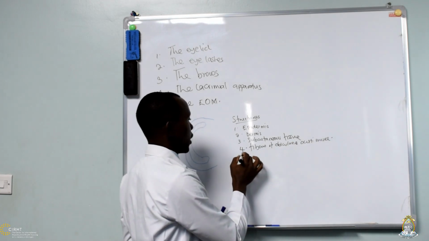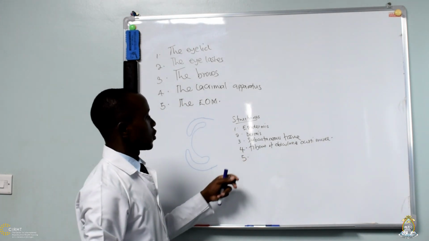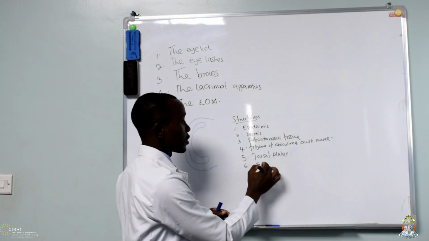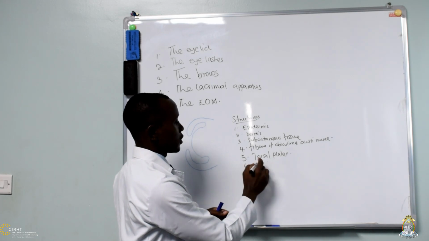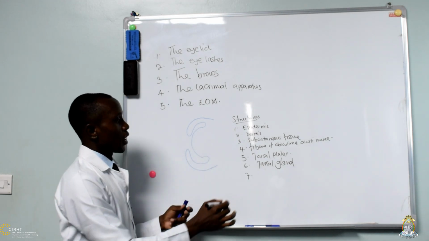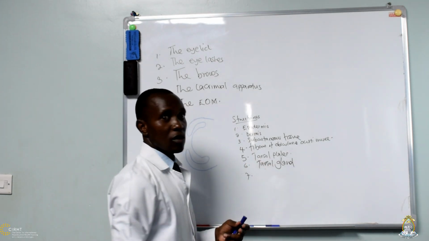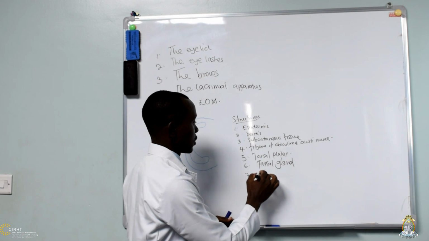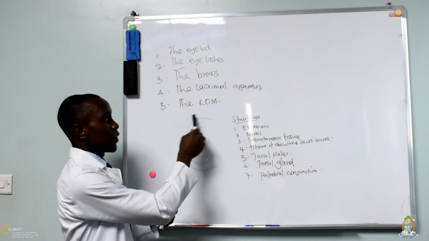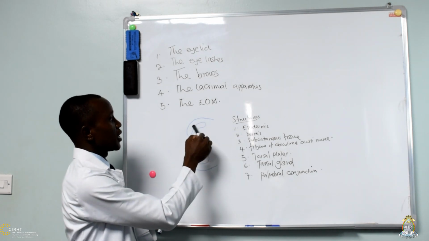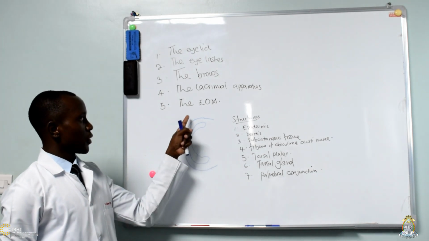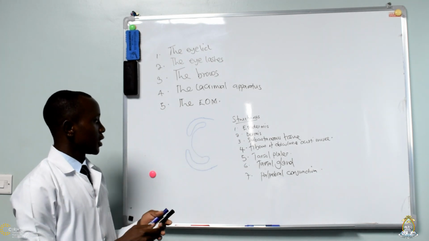After the fibers of the orbicularis oculi muscle, we have the tarsal plate. Within the tarsal plate, we have the tarsal gland. And then lastly, on the inner surface, we have a thin layer of palpebral conjunctiva. So as you can see, the outermost surface of the eyelid is the epidermis of the skin, and the innermost is the palpebral conjunctiva. That is when we make a cross-section through the eyelid.